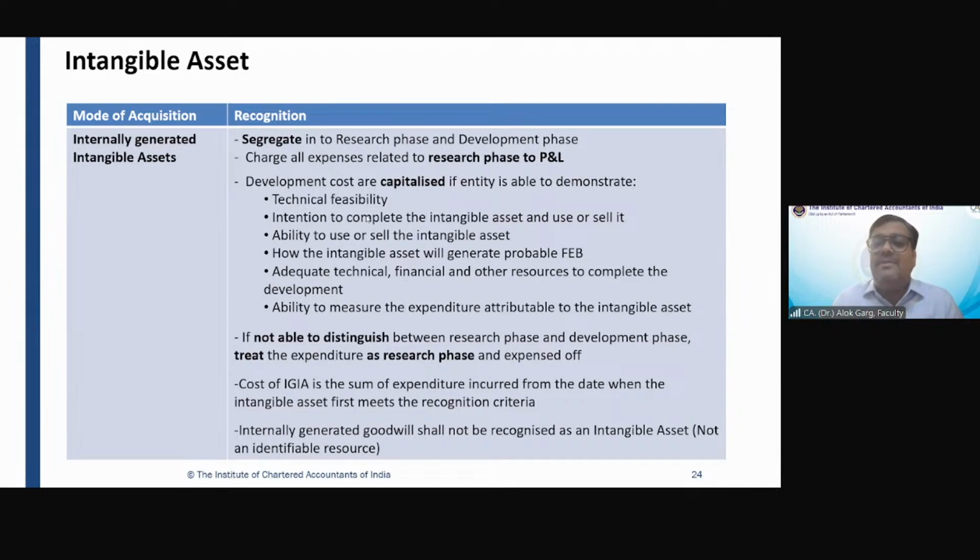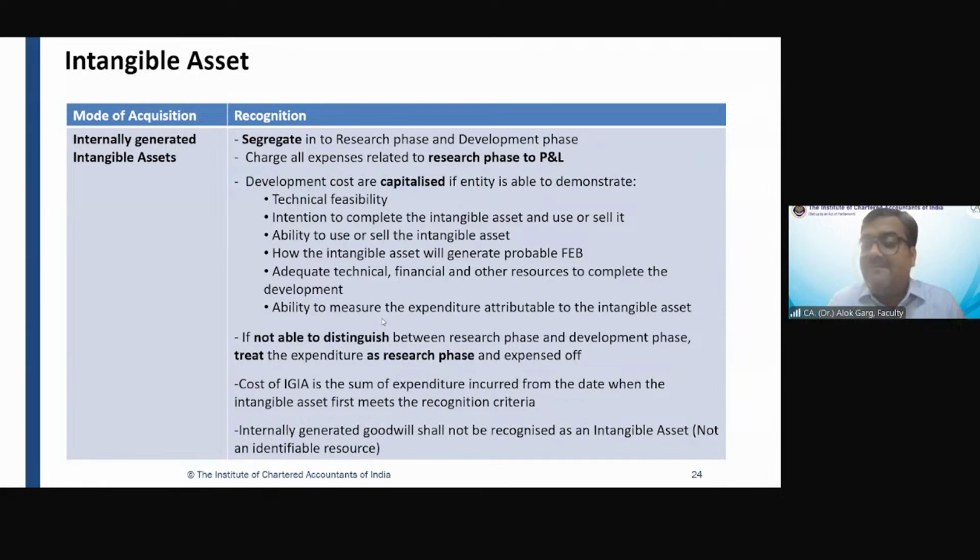Intention to complete the intangible asset must be there. Ability to use or sell the intangible asset must be there. So the company has reached the right formula, but the government has announced that no private player can use this COVID vaccine, and only the COVID vaccine from the government hospitals will be available.